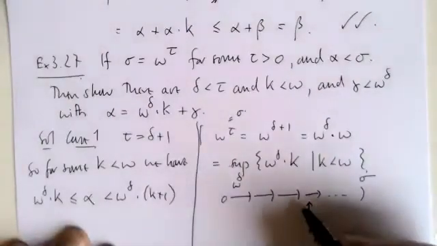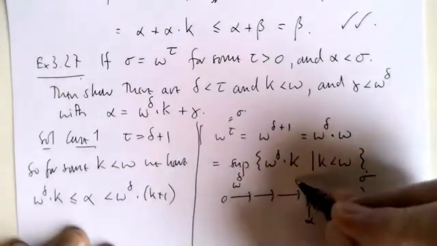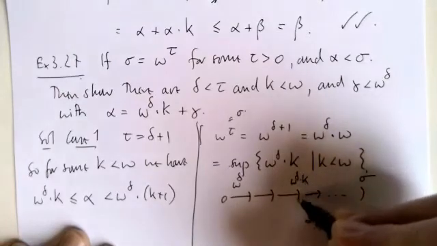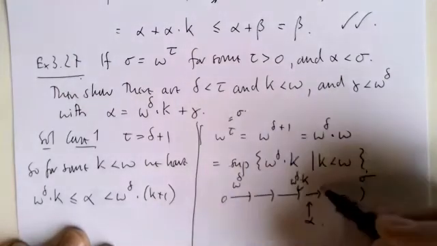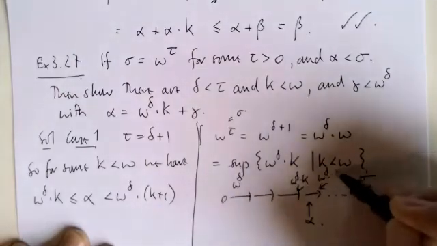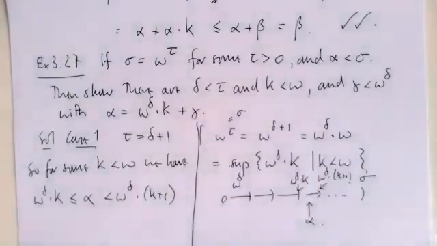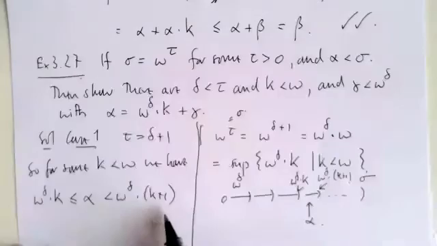Right? So in this picture, this is omega delta times k here, and this one is omega to the power delta times k plus 1. So now we use the same corollary then to get a remainder.